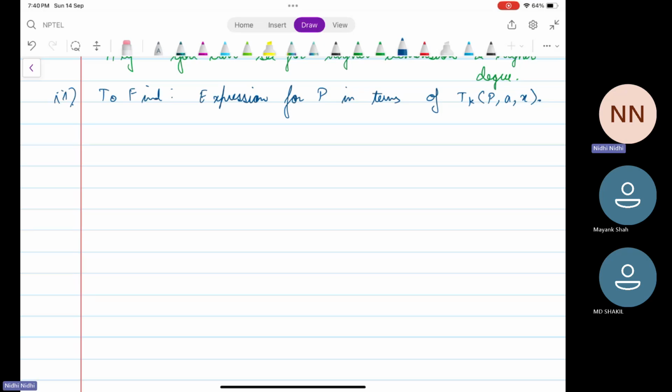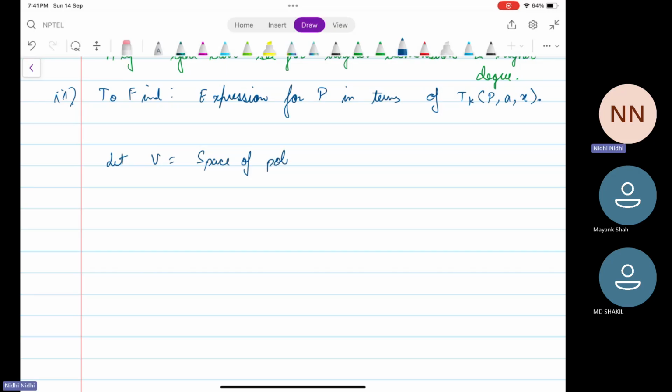Let V be the space of polynomials of degree at most k.